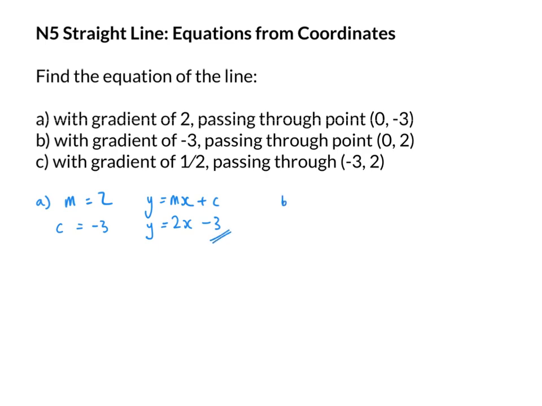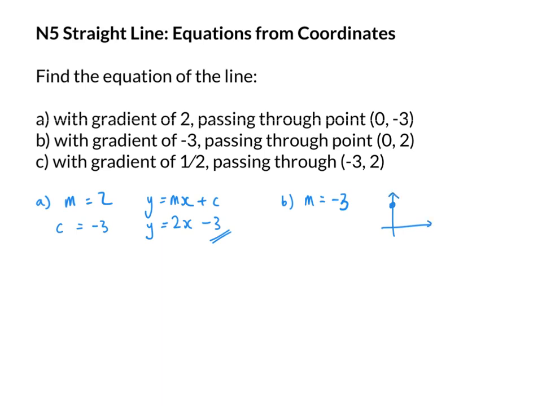B, I have been told the gradient is minus 3. And I've been told it is passing through the point (0, 2). So again, I've got a point on the y-axis, along 0, up 2.